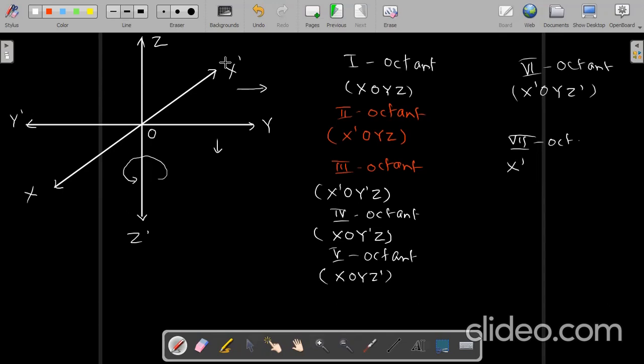X dash because we are backside, then Y dash and below. So X dash O Y dash Z dash. Okay. X dash because backside. Second, fifth, sixth, seventh, eighth. Eighth will be front. Okay. Like one, two, three, four. Fourth was front. Correct.